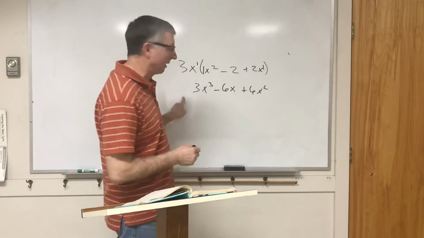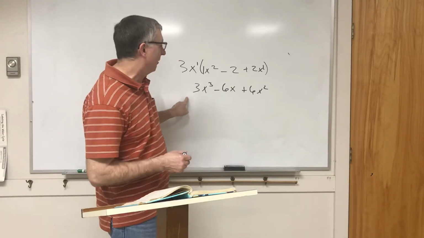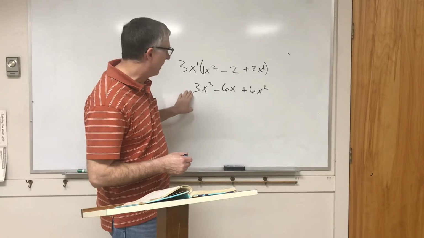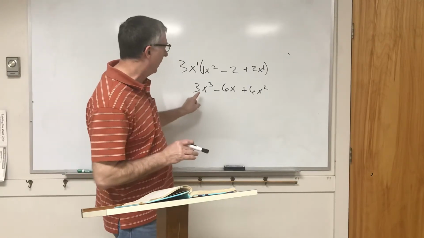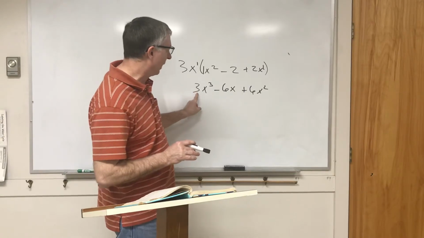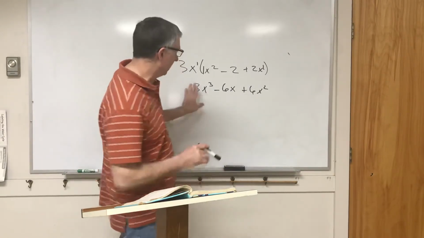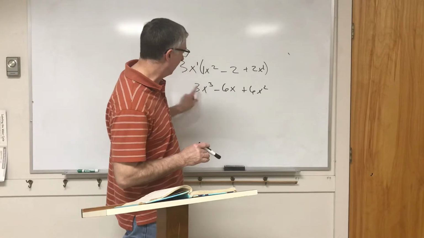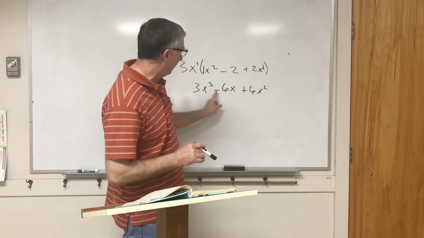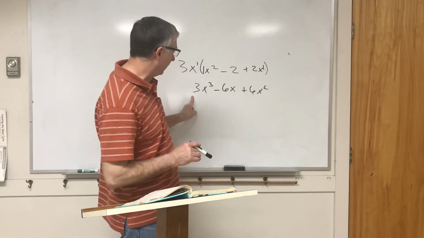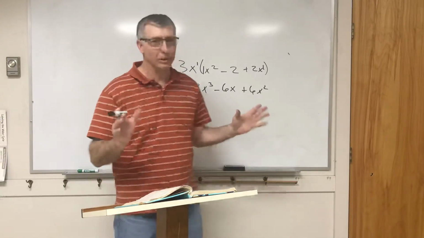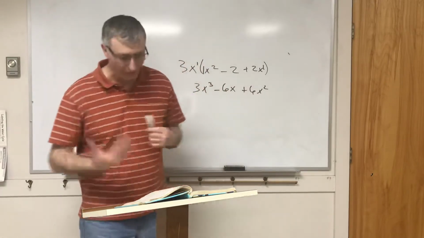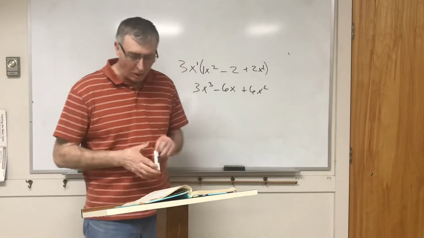This should be your final answer. I can't say for sure about the worksheet, but as far as the book is concerned, you don't have to worry about combining the like terms, because none of these terms are alike. This is x cubed, this is x squared. The letters are different, so that's as far as I can go. They are not like terms. Okay.